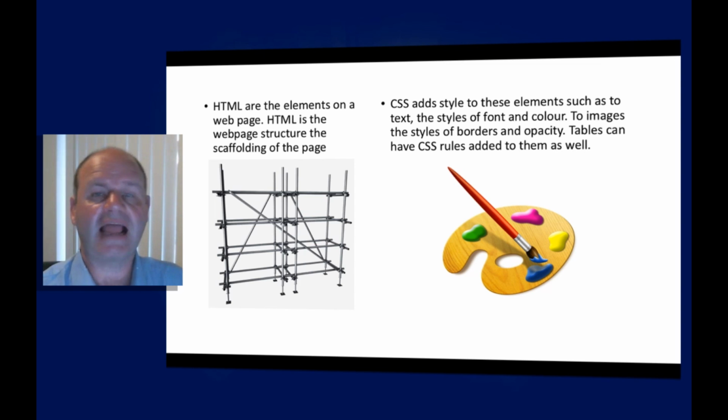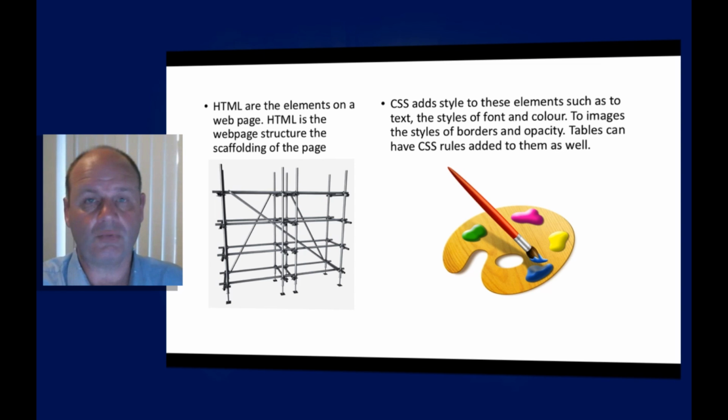Cascading style sheets add style to those elements. So it's those style rules that are attached to those various HTML elements. So when in our previous lesson we attached font and color to the HTML heading 1 tags, those elements, we can do the same for paragraphs.